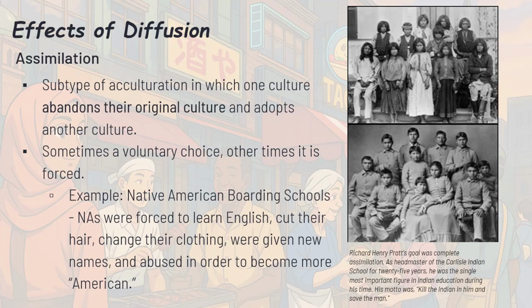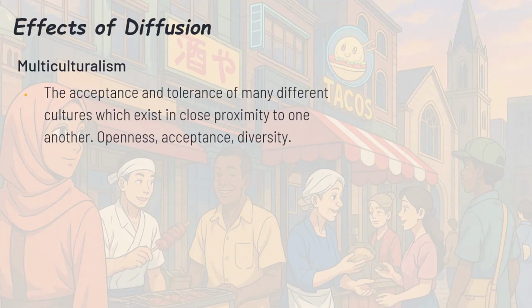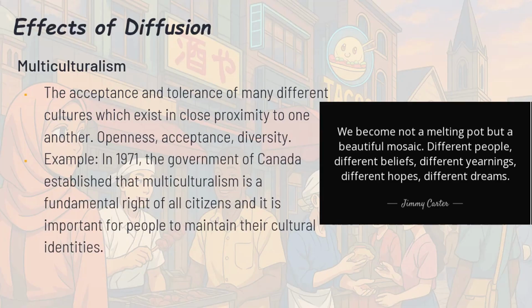Let's talk multiculturalism. Multiculturalism is what happens when cultures live side by side and actually vibe with each other instead of clashing. It's about openness, acceptance, and embracing diversity without expecting anyone to fully blend in or change who they are. Canada made this official in 1971, basically saying, yeah, you can keep your culture and still be a full citizen.